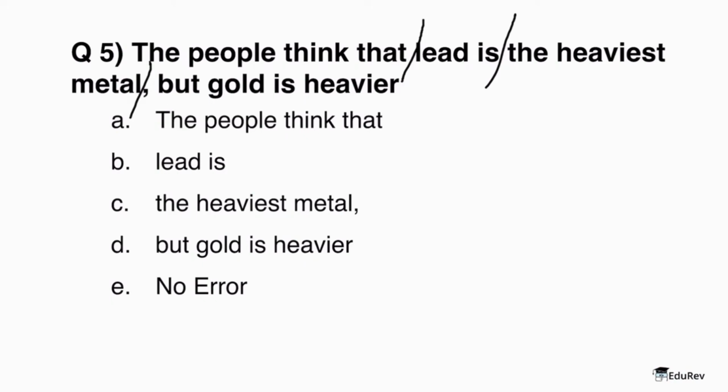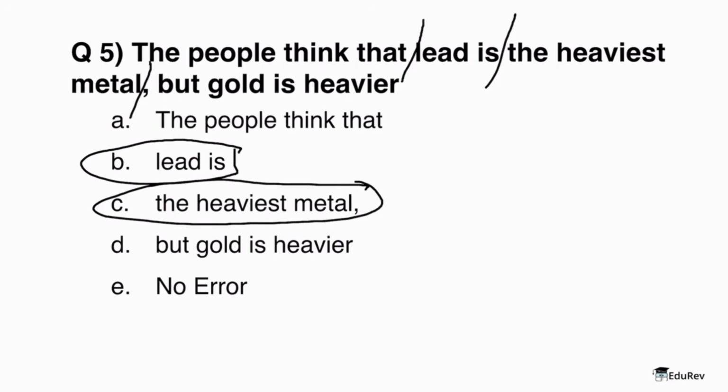Okay, great. So let's look at it. So the people think that lead is, of course, this is correct. There is nothing wrong with this part. The heaviest metal, that seems also correct. No issues with that. But gold is heavier. Again, there is no problem with either of these 3 statements. So we have narrowed it down to the first one.